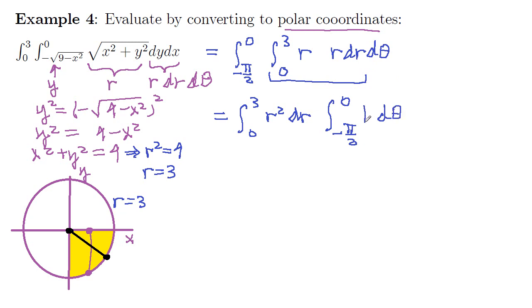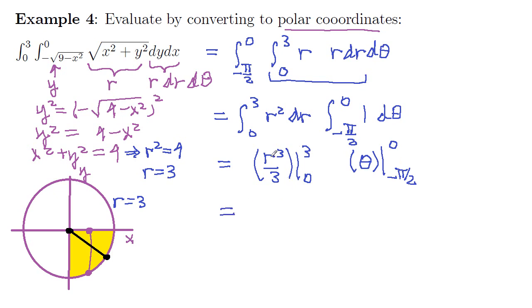So that's really 1 d theta. So we got two completely separate integrals. Well, this one's not bad. This antiderivative is just going to be r cubed over 3. And we're evaluating from 0 to 3. And this antiderivative will just be theta. And we are evaluating from negative pi over 2 to 0.